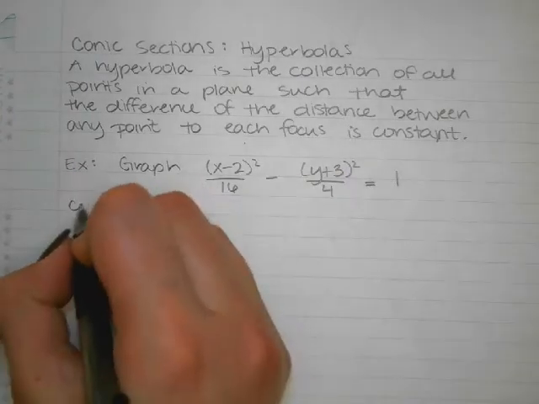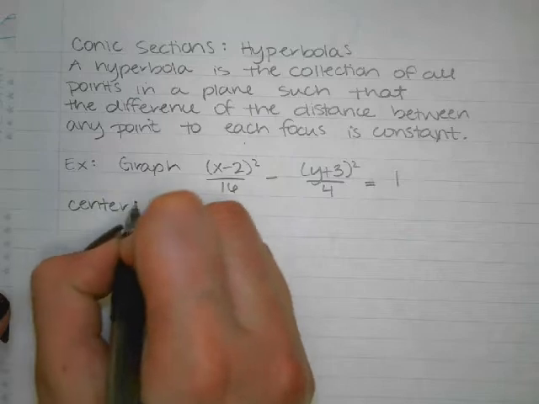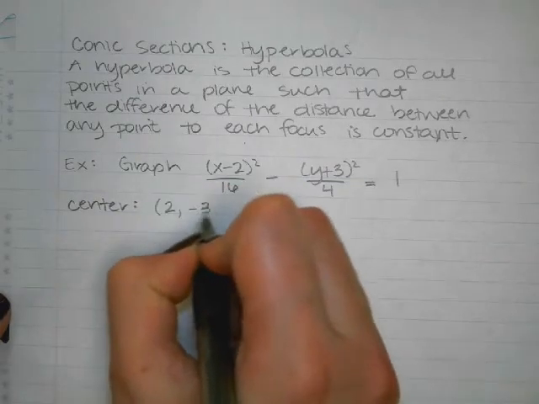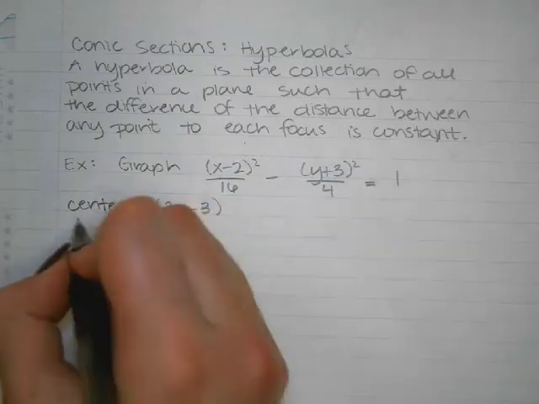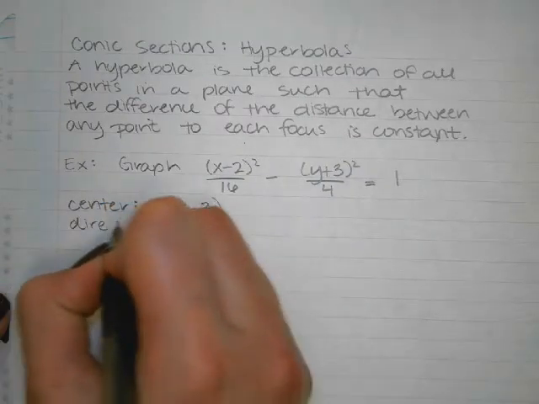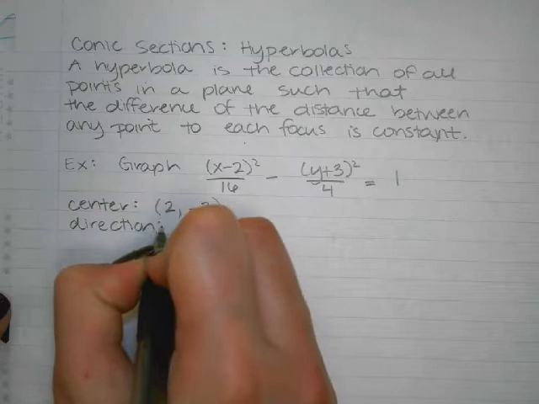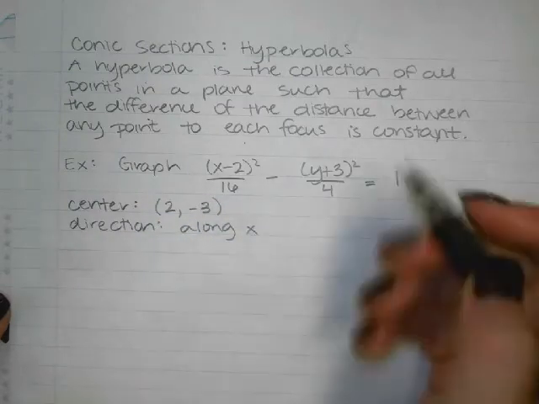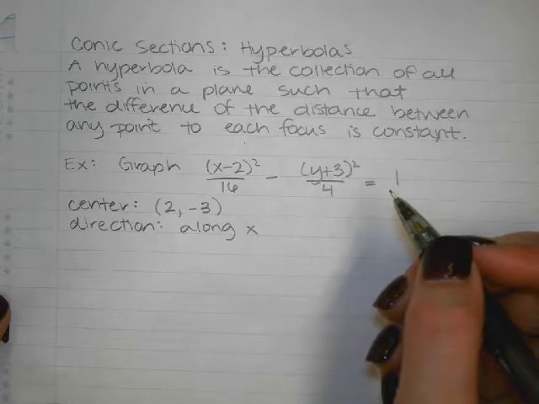So I'm going to say the center of this is positive 2, negative 3. And the direction of this, since the x squared term comes first, the direction is along the x-axis, and so that means we're going to be opening these curves left and right.